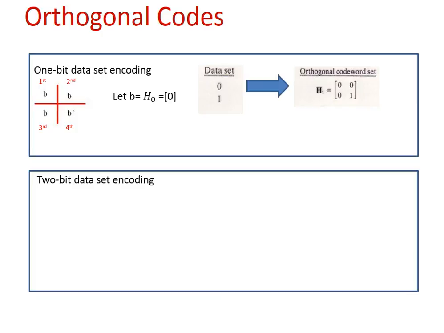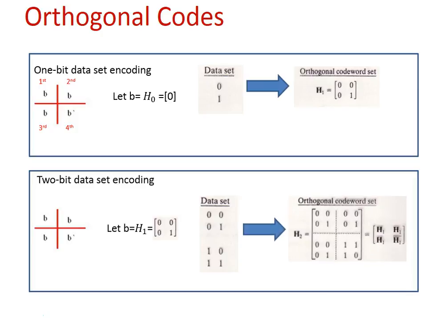Now, if we consider the second example of 2-bit data set encoding, we can extend the foregoing set both horizontally and vertically, which creates the matrix H2. What we can see here is that B is considered as H1, as we got from the previous example.